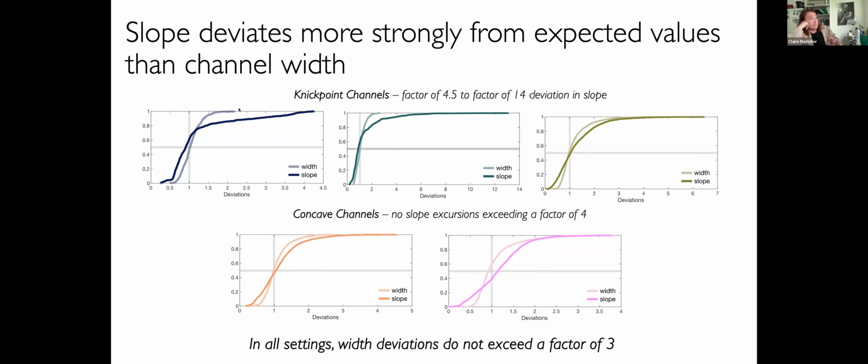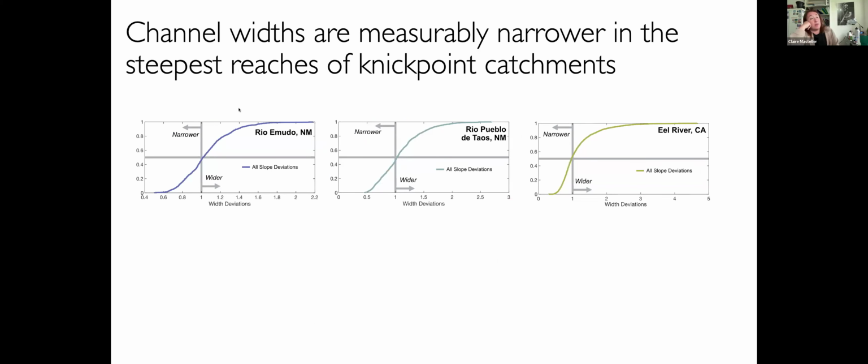And so when we're thinking about our channel width deviations, we want to think about them in the context of our slope deviations. Are our channels actually narrower where they are measurably steeper? What I'm going to show you here is that I've just started by populating these plots with the CDF.